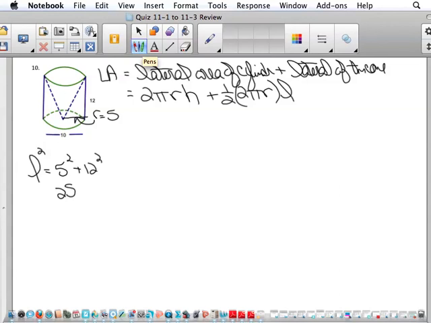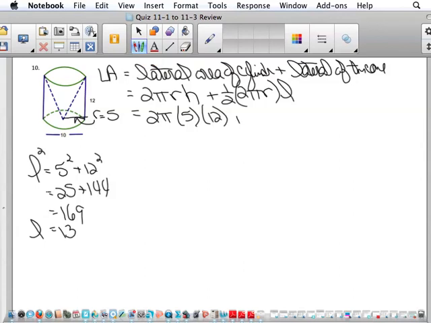So L squared is equal to 5 squared plus 12 squared. So that's 25 plus 144. That's equal to 169. I'm going to take the square root of both sides, so L is equal to 13. So my lateral area of my cylinder is 2 pi times my radius, 5, times my height, 12. The lateral area of the cone inside is 1/2 times 2 pi times the radius, which is 5, times the slant height, which is 13.